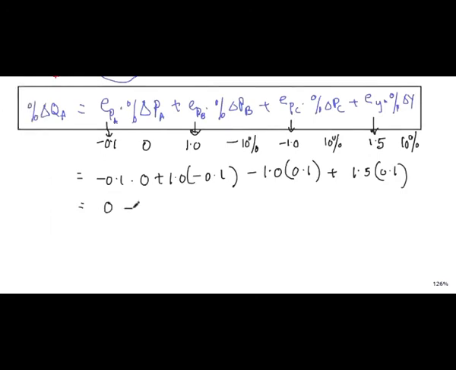This is what? If you multiply this, this will be minus. So let's put this minus sign away. So let's say this is minus 0.1, this is also minus 0.1, and this is plus 0.15.